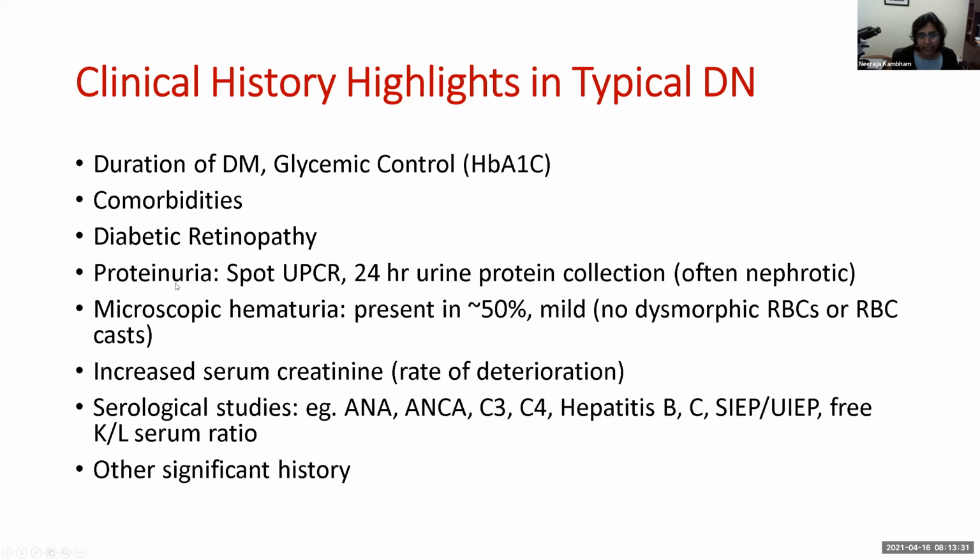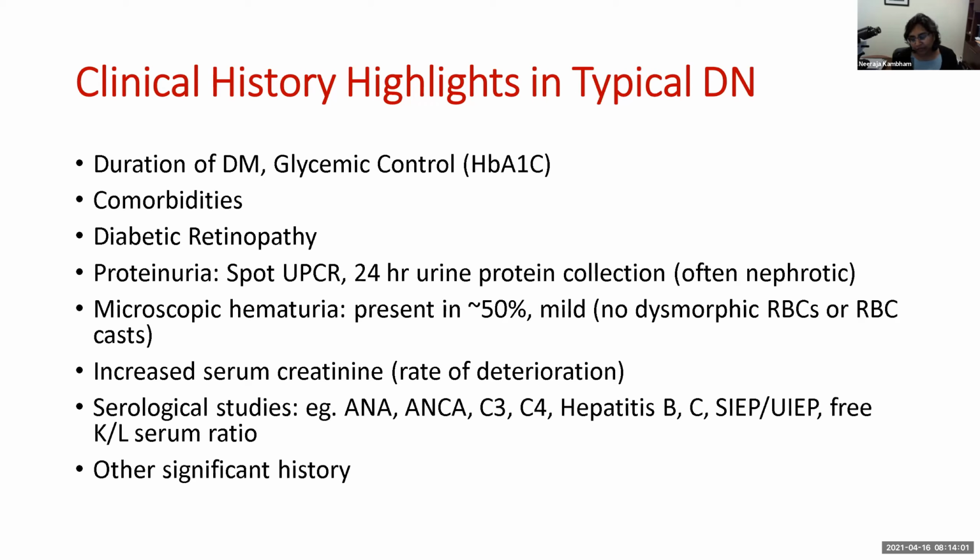It can be measured either as a spot urine or a 24-hour urine collection. Typically, these patients with diabetic nephropathy have nephrotic proteinuria that's more than 3.5 grams in a 24-hour collection. And then we also look for any microscopic hematuria. Microscopic means it's only on urine dipstick, they saw some blood in the urine.